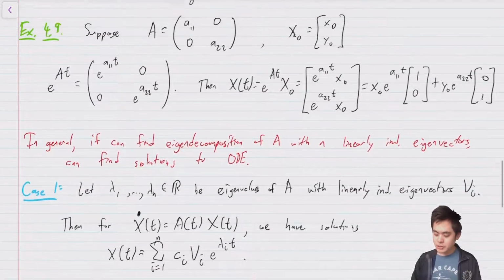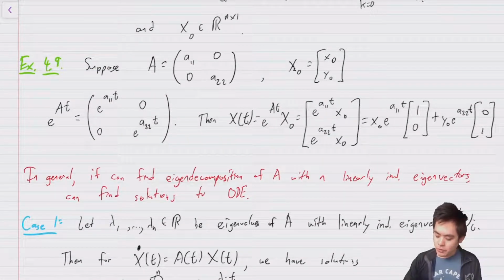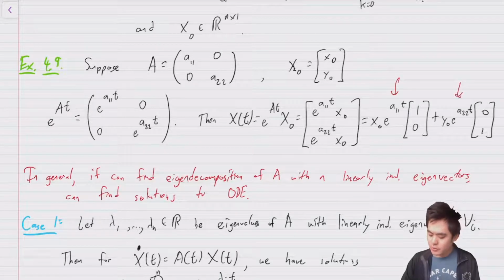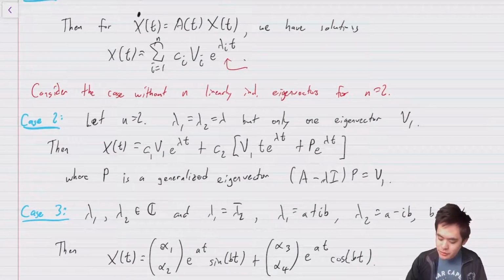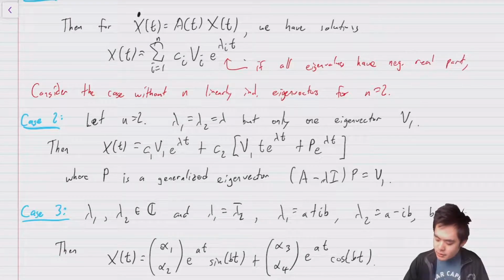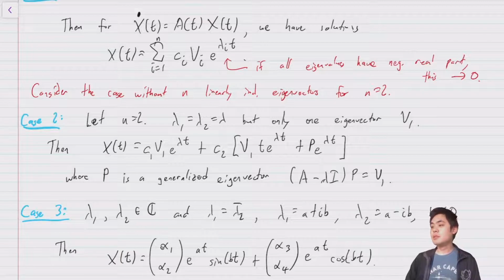One of the things that's useful to note is that if all the eigenvalues here have negative real part, this goes to 0. So this is the same sort of behavior as before.